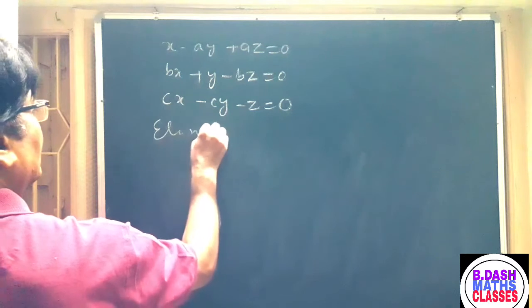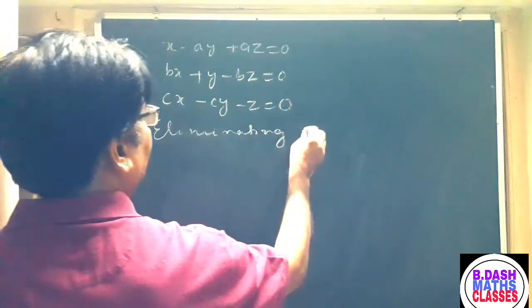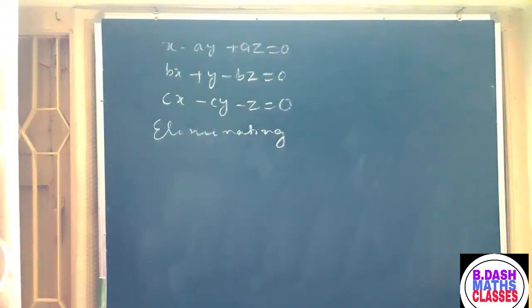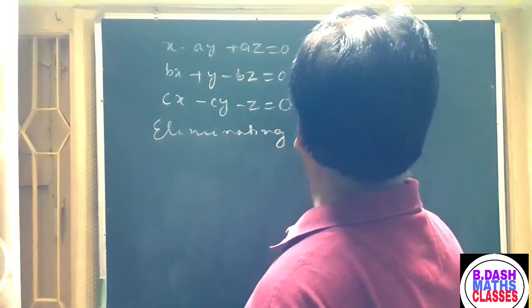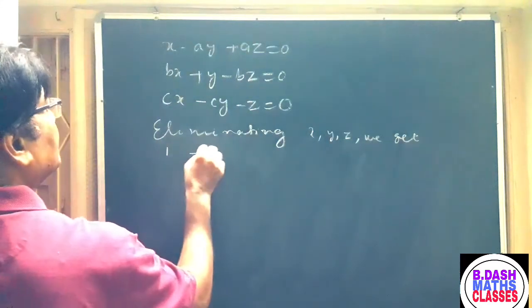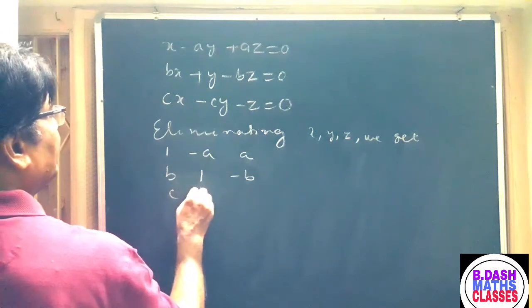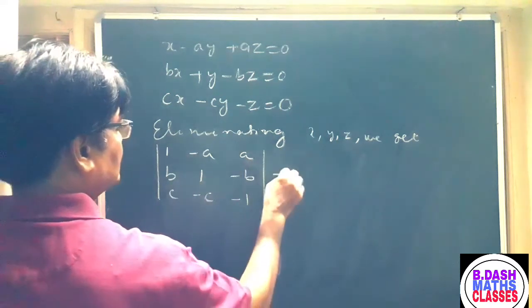Now eliminating x, y, z, we get the determinant with rows 1, minus a, a; b, 1, minus b; c, minus c, minus 1 is equal to 0.